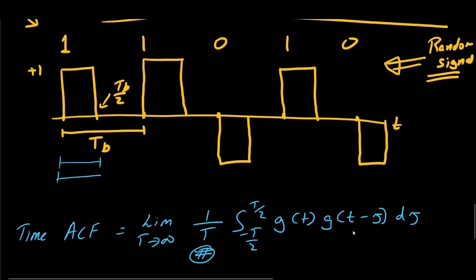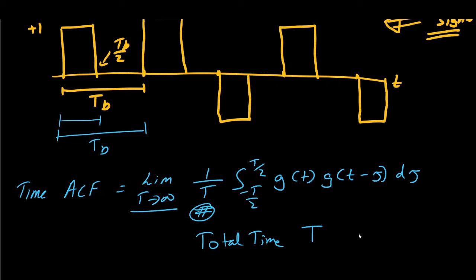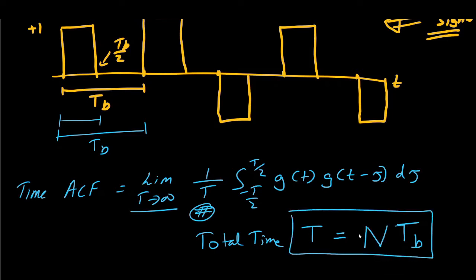The first bit takes the time period of TB. So T is the total time, which tends to infinity, and this is equal to the time required to send one bit, that is TB, times the total number of bits. Let us say we have n bits. So we can change T equal to n TB. TB is the time period of one bit and we have n bits.